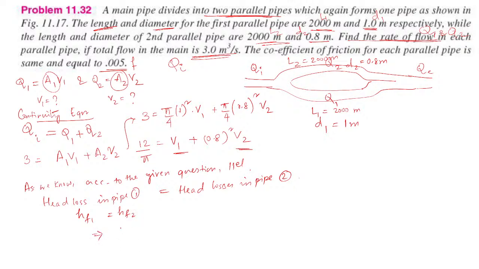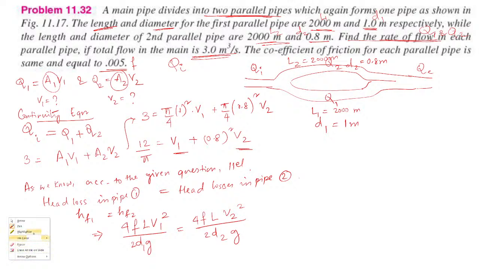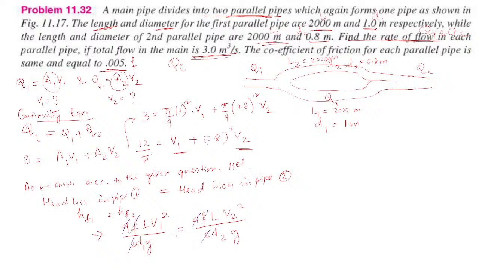If I rephrase that, 4 F L V1 squared by 2 D1 g, where L1 and L2 are both the same, equals 4 F L V2 squared by 2 D2 g. Now can I cancel the common terms? The 4, the 2, F, L and g are all the same as per the given question.